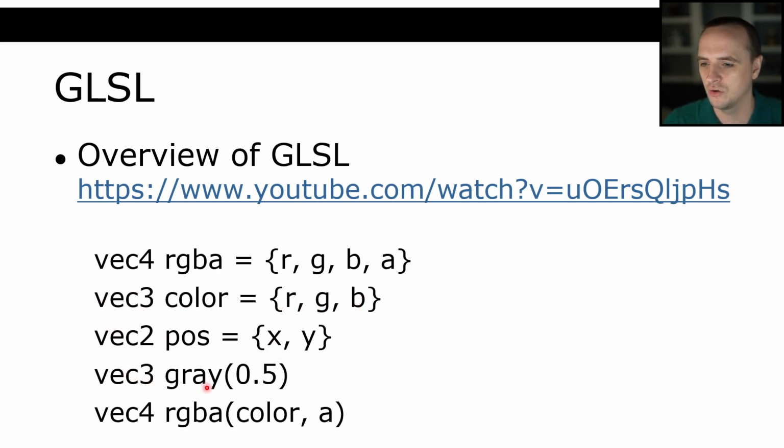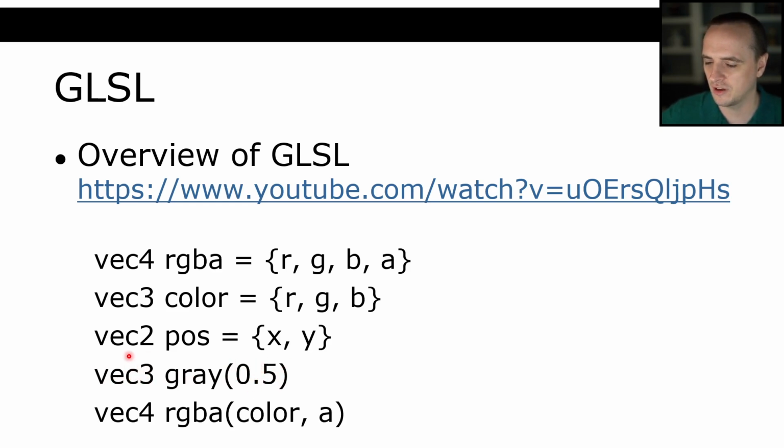We can also define a vec3, so I'm going to be using this shortcut way of defining things in my examples. So when I say vec3 gray 0.5, what that does is it allocates a new vec3 and every element gets the value 0.5.